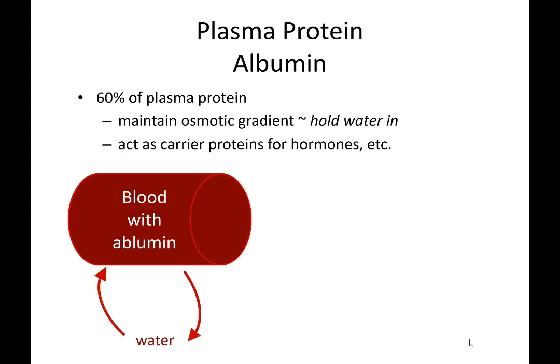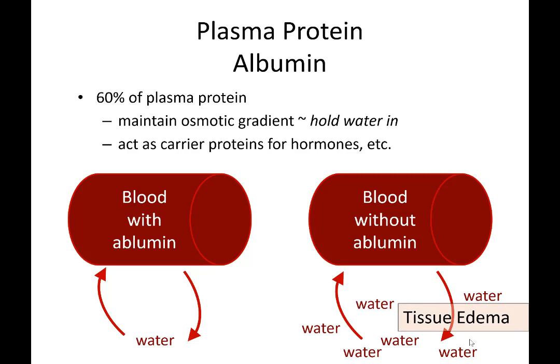So this little schematic here is if we have blood with albumin, there's a nice balance of water where it's going to want kind of balance in and out from inside the capillary bed. But without albumin, we're going to have an excessive amount of water escaping at the level of the capillary bed, too much water out. So the osmotic gradient, this first element, are these guys here. So this is with or without, maintain this water balance.